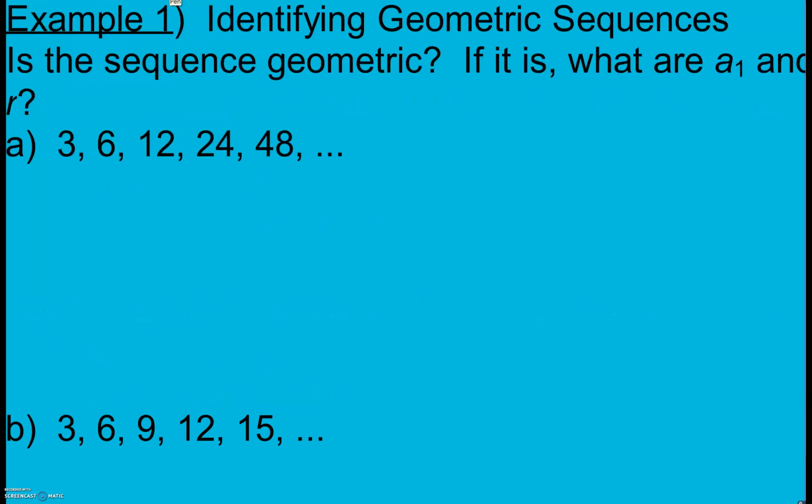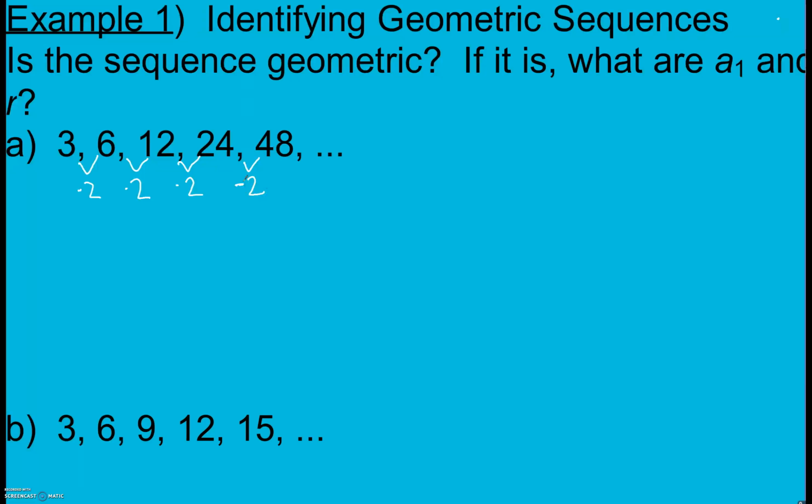Example 1, identifying geometric sequences. Is the sequence geometric? If it is, what are a sub 1 and r? So what are our first term and our common ratio? Here we're going to look and see if we can multiply by the same number every time. 3 to 6 is times 2. 6 to 12 is times 2. 12 to 24 is times 2. 24 to 48 is times 2.